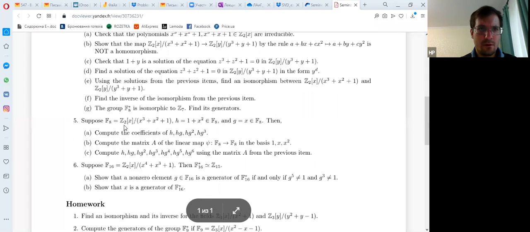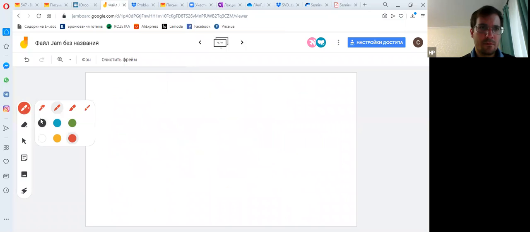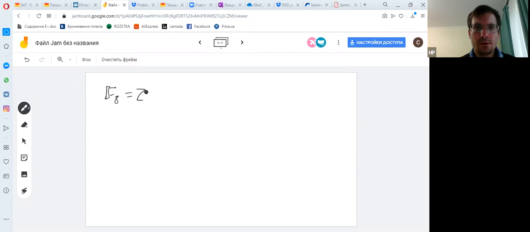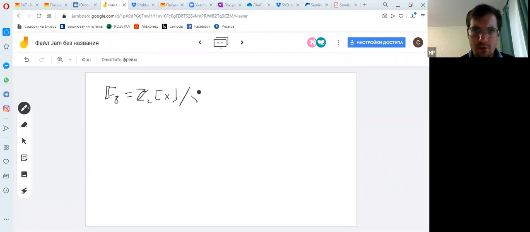We have the field with 8 elements, F8, which is constructed as Z2[x] factored by x to the third plus x plus 1.